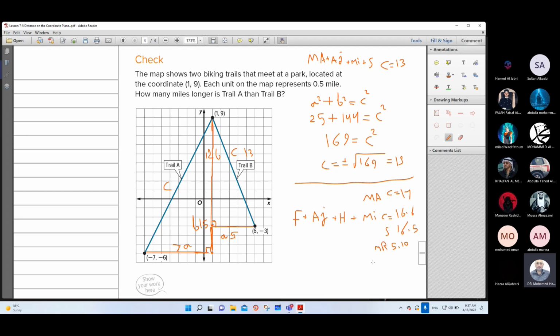Who has something else? Mr., the closest is 16.5, but there is no exact answer. Okay. So I agree with 16.5. Mr., the answer is 17 because you have a mistake.